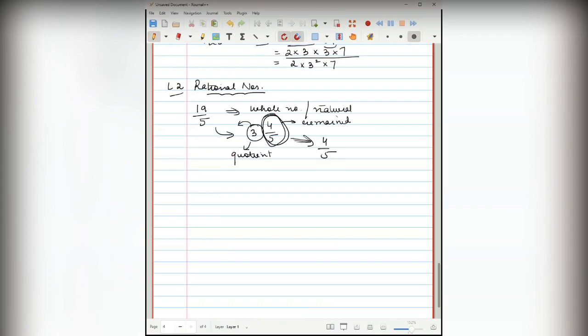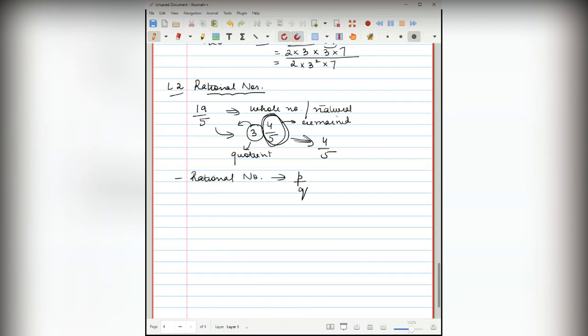So here comes a new set of numbers, that is the rational numbers. A rational number is basically p by q, anything in the form of p by q.